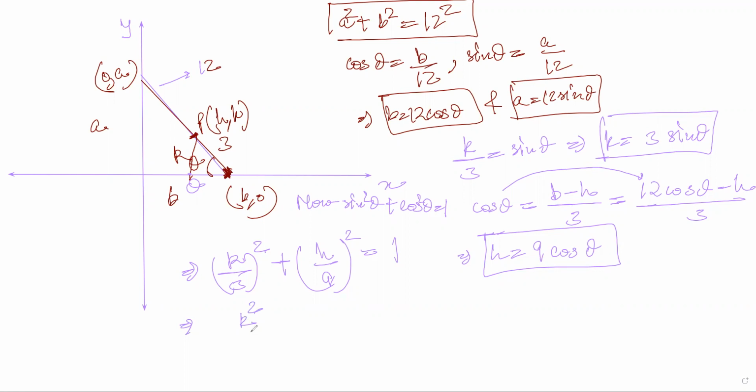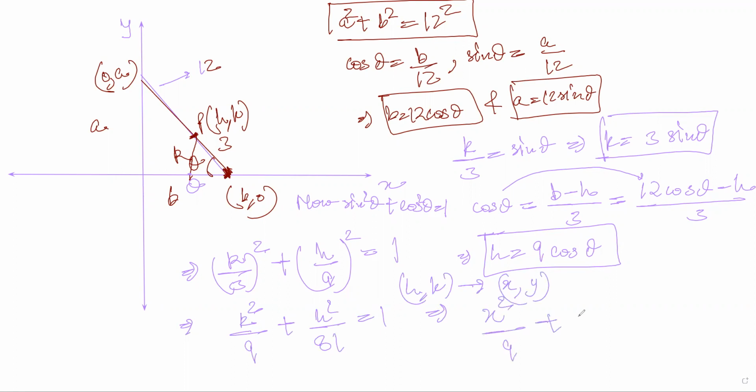So that will be k square by 9 plus h square by 81 equals 1. You can replace h and k with x and y. So this is an equation of an ellipse.